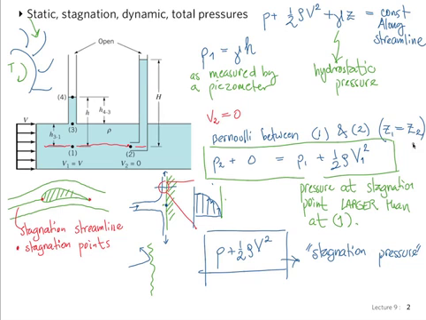Remember, we've neglected elevation changes altogether. So in that situation, stagnation pressure is the largest pressure that we can obtain when all of the kinetic energy has turned into a pressure rise, shown here in this sketch as a rise in the height of fluid as would be measured by a manometer.